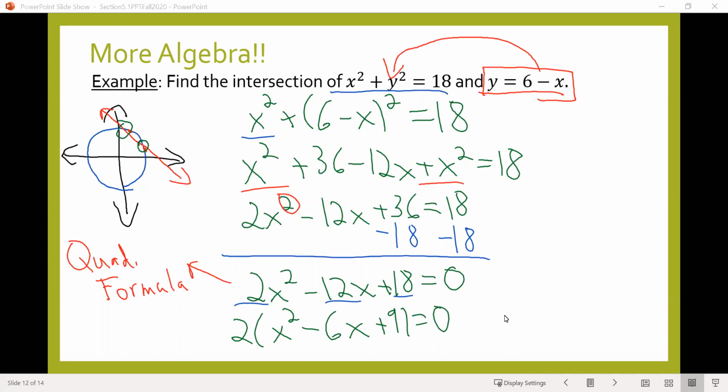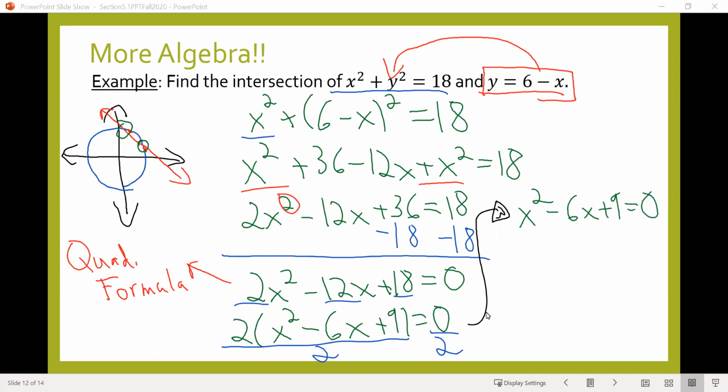Now I can divide away that 2 by dividing by 2 on both sides, and when we do that, we end up with x squared minus 6x plus 9 equals 0.